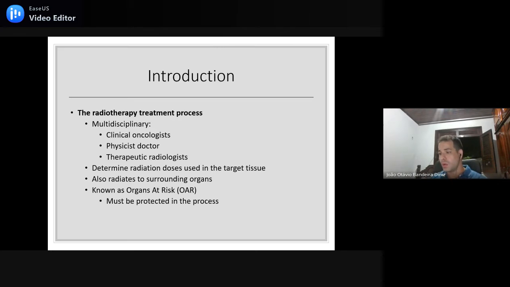We have to put radiation in a target tissue, and we want to protect the other tissues around it, the organs surrounding this tissue. These organs or tissues are commonly known as organs at risk, and they must be protected in the process.